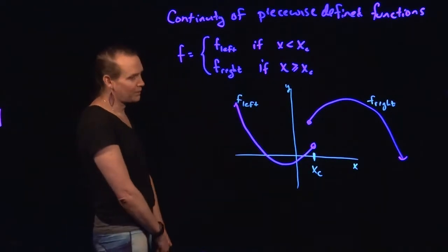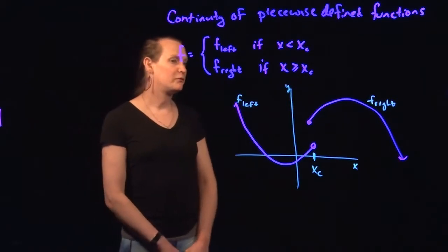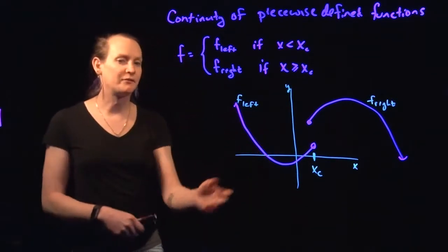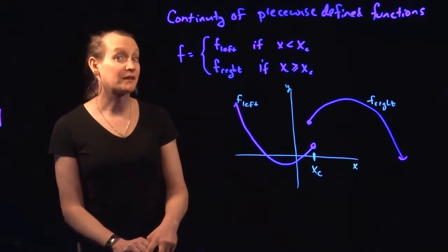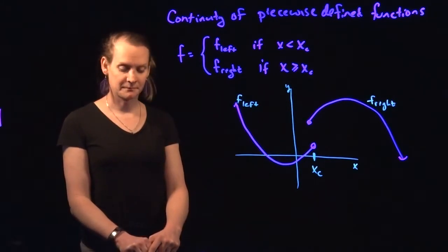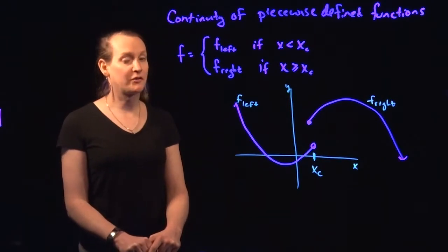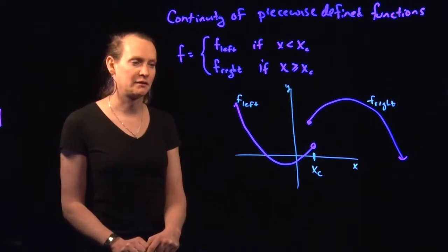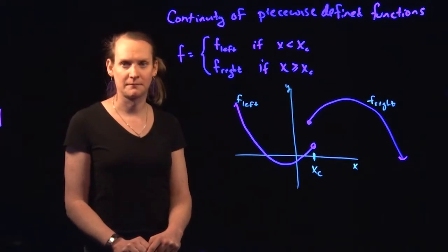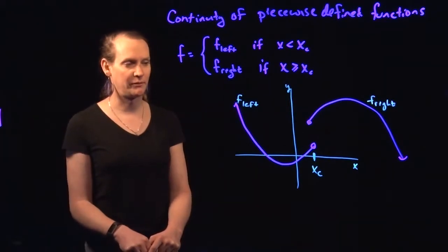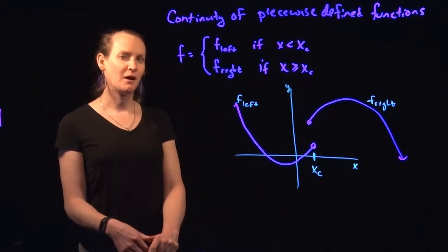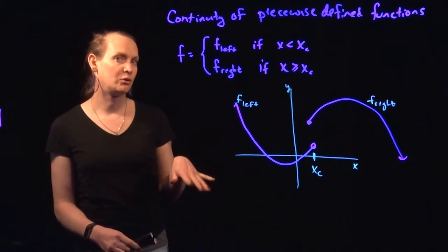So I want you to observe that this function that I've drawn is discontinuous. And it has which kind of discontinuity? I've already used the word once. Is it removable? Can we just fill in the hole?